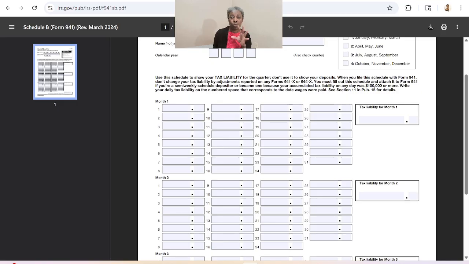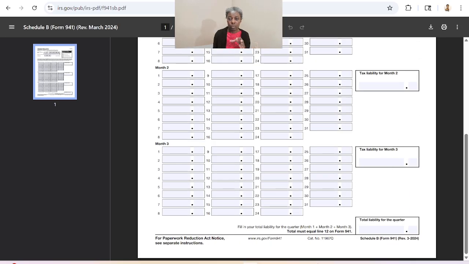So you will have that for every day of the month. The days that you didn't pay are just going to be blank, but then you'll have the total there for every month or so, and that total should match line 12.